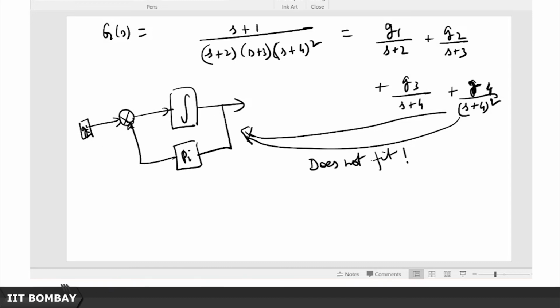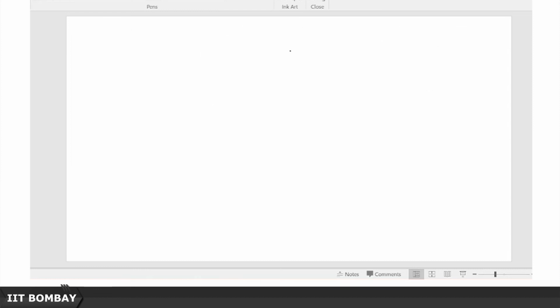Well, maybe we cannot diagonalize, but not all hope is lost. You can still get as close to the diagonal block as possible. How? Let's say you want to realize a sample transfer function, say 5 upon (s plus 2) cubed.